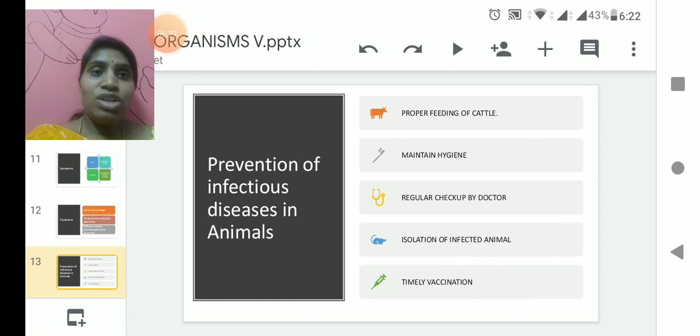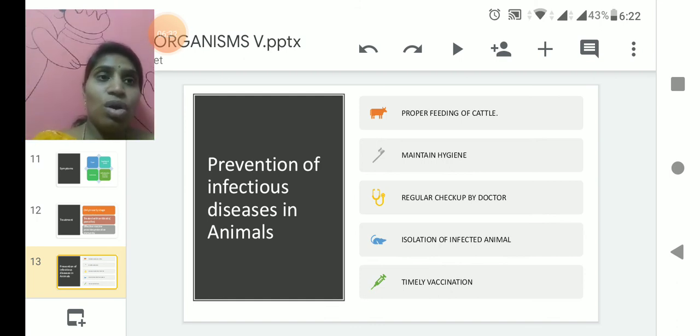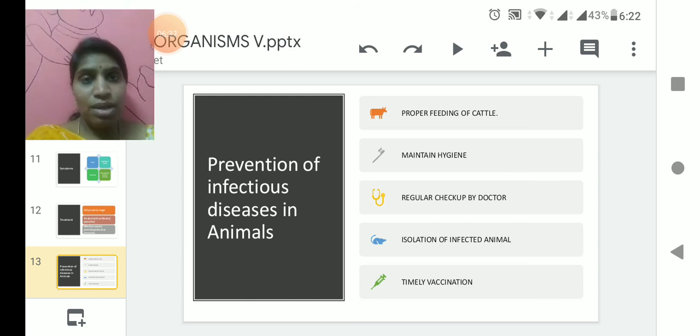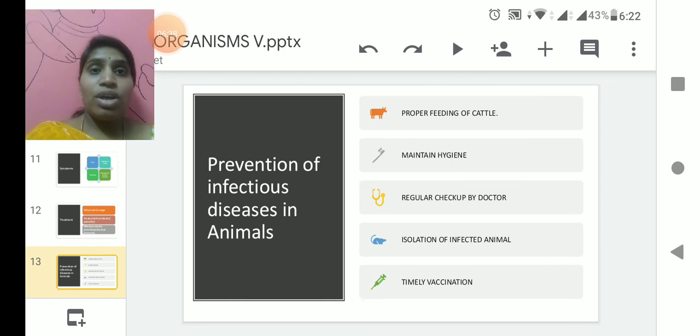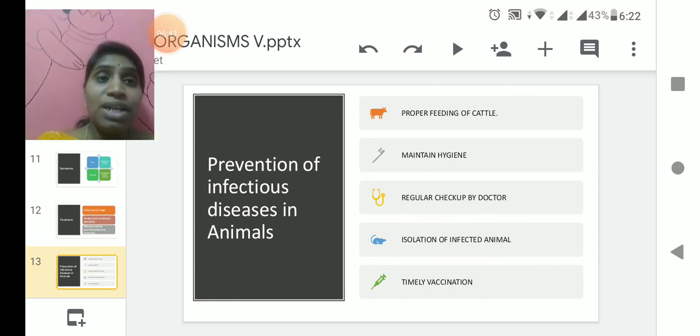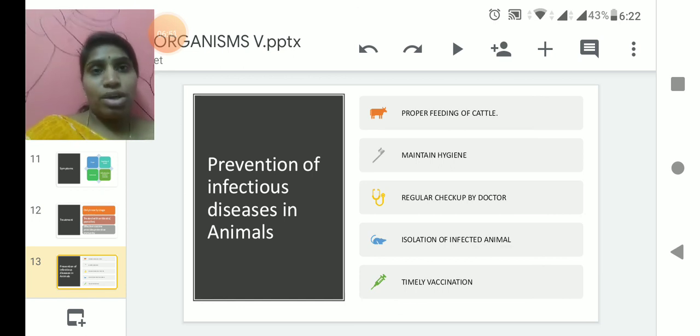Prevention of infectious diseases in animals. How can we prevent the diseases? How can we protect the animals? We have to take care of proper feeding of cattle, maintain hygiene, and have regular checkups by the doctor.